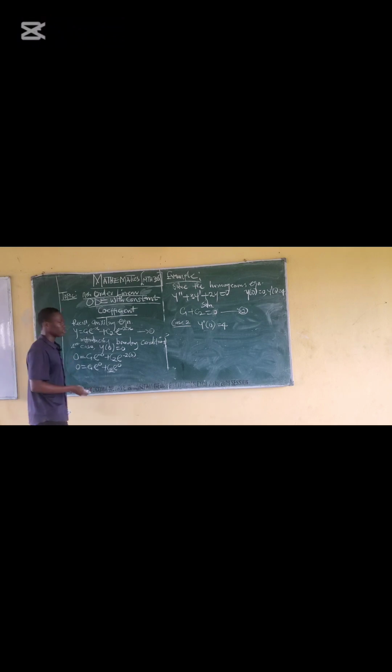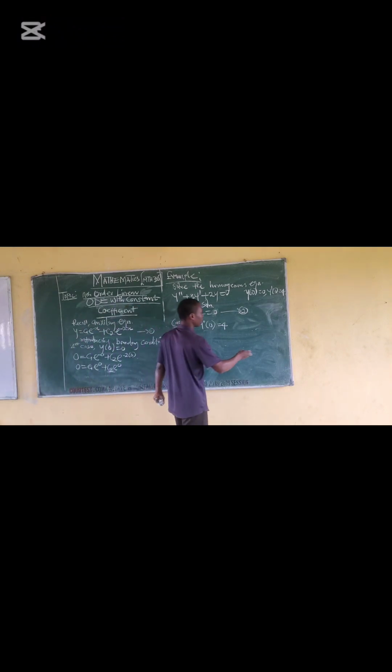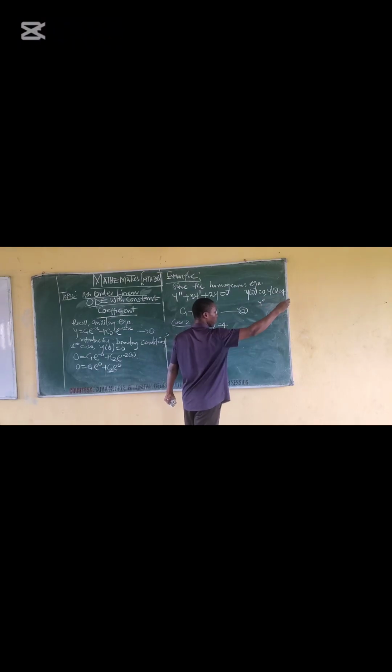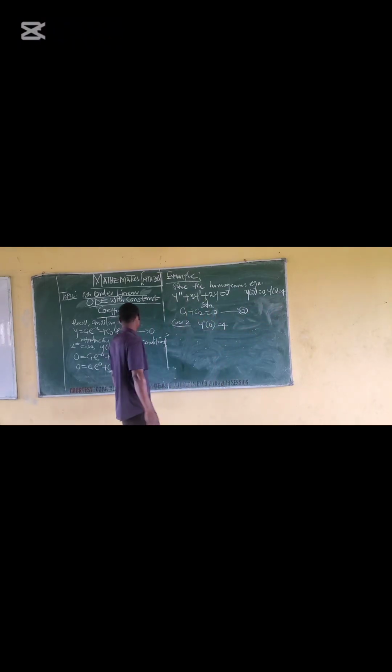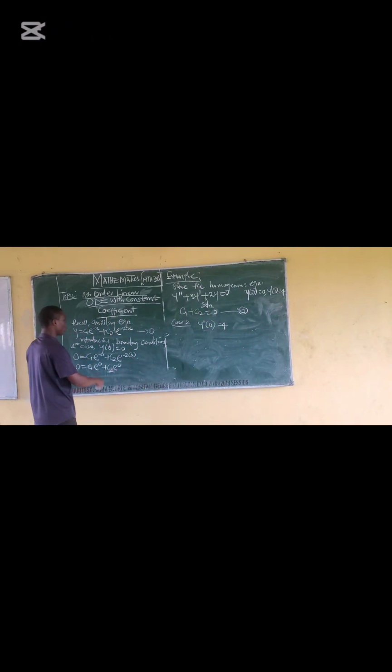All right. There are some conditions you'll be given, up to 3 boundary conditions: y prime, and then maybe y prime prime, as the case may be. So I'm going to differentiate equation 1 in order for me to obtain y prime.